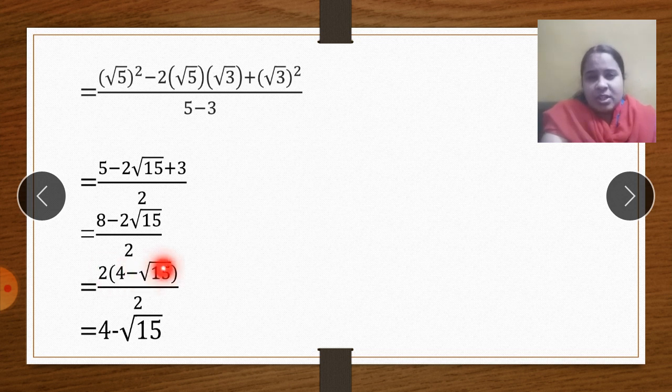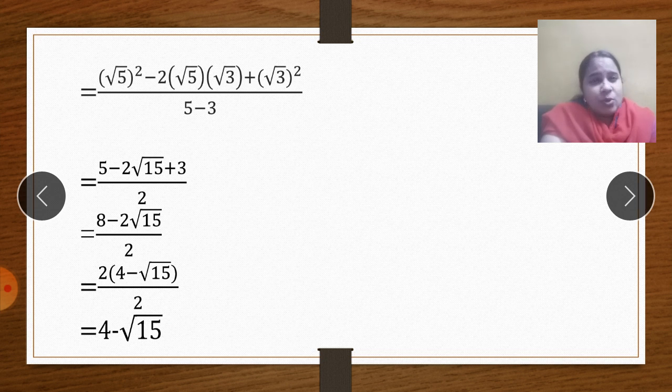Now from 8, when I take 2 as common factor, 8 divided by 2 is 4. Now 2 root 15, 2 is outside, what is left inside is root 15. So we get 2 into 4 minus root 15 upon 2. Now this is easy to understand. This 2 and 2 can be cancelled. The final answer will be 4 minus root 15.